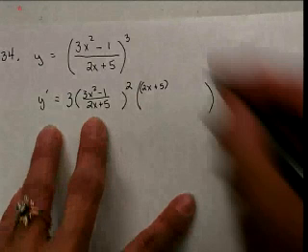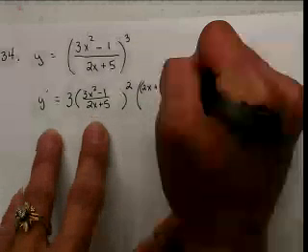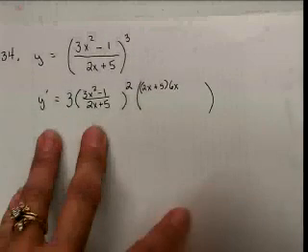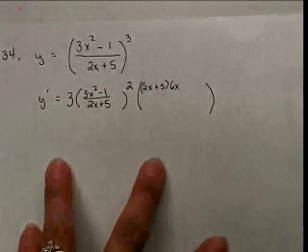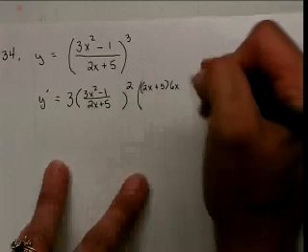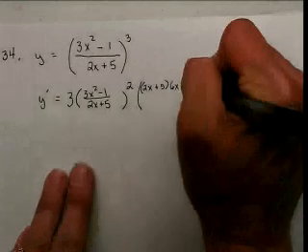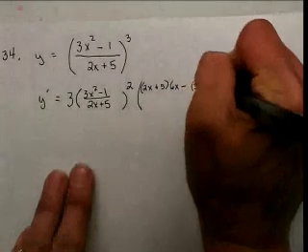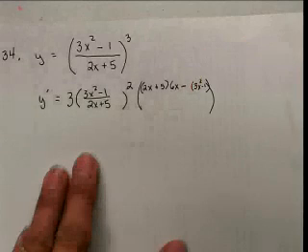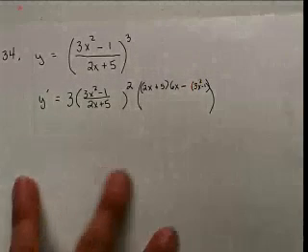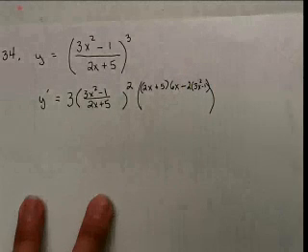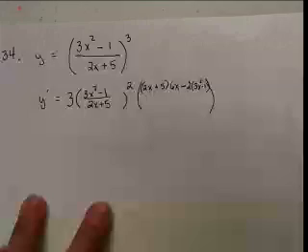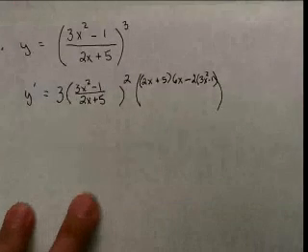I wish I had left room to put the 6x in front, but I did not. That's the denominator times the derivative of the numerator. Now minus the numerator times what? Derivative of the denominator is 2. And all of that is over the denominator squared.